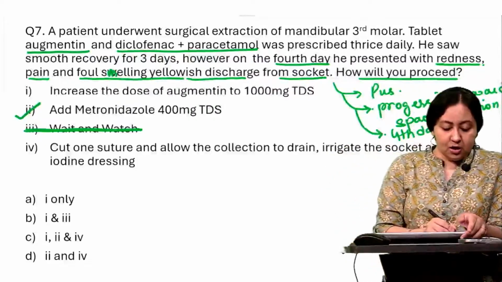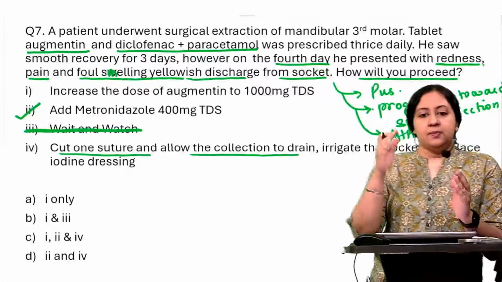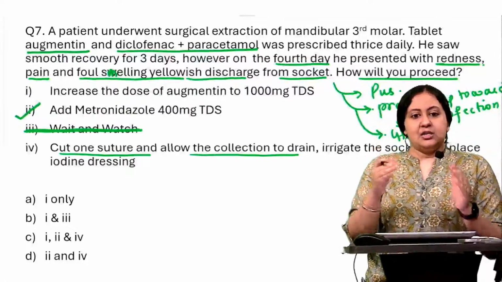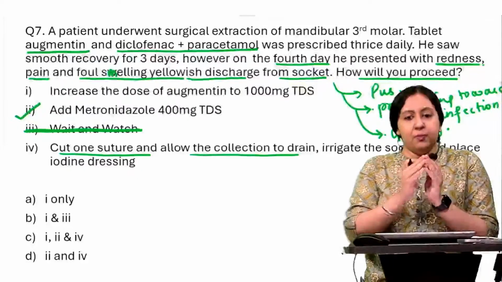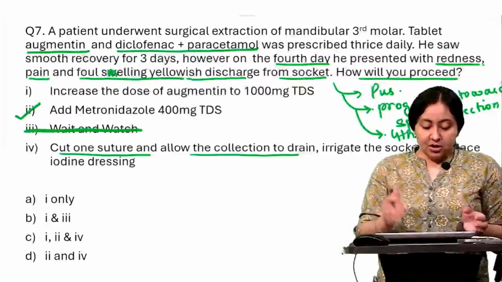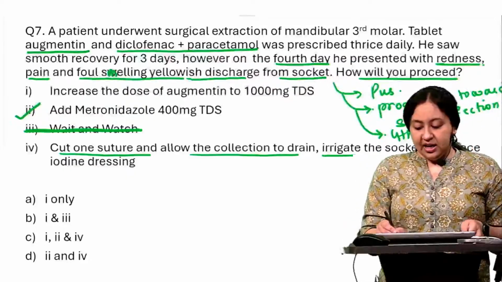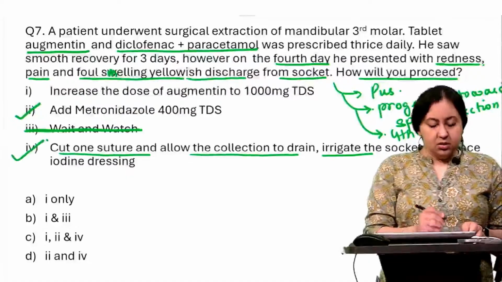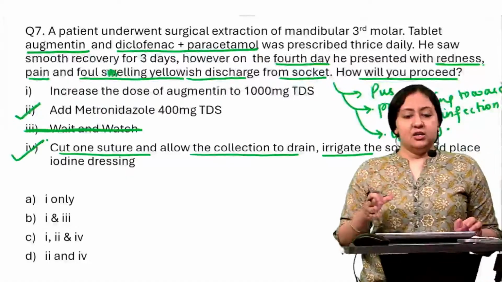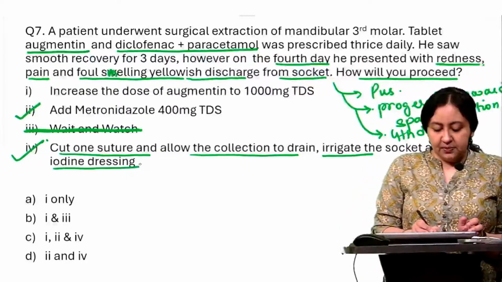You will cut open one suture and allow the collection to drain. Your opening is already present. Now you will make the opening more patent. You will provide a pathway for the pus to flow out. So you'll cut one suture, allow the collection to drain, copiously irrigate the socket and place iodine dressing.